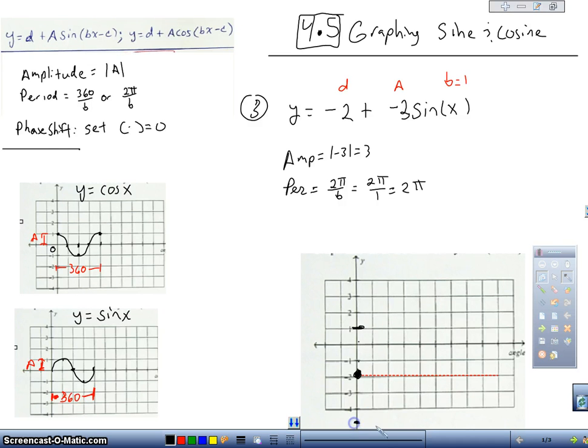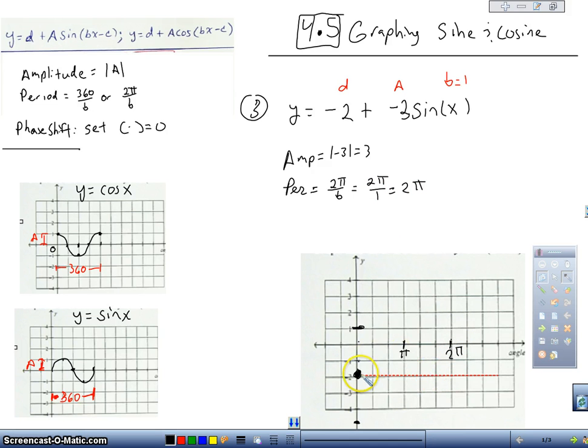That would be the low point. All right, and then let's see, how far to the right are we going to have to go? Well, it depends on the period, and the period is 2 pi. So let me make that pi, and let me make this 2 pi. And yeah, the period is 2 pi, so it's going to have to reach over here.